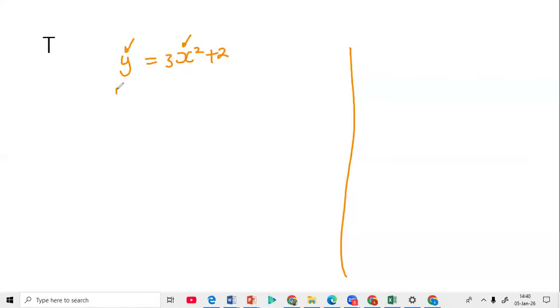So I'm going to say y plus a small change in y will equal to 3. But remember, we are interested in the x. So we shall have x plus a small change in x, everything squared, plus 2.